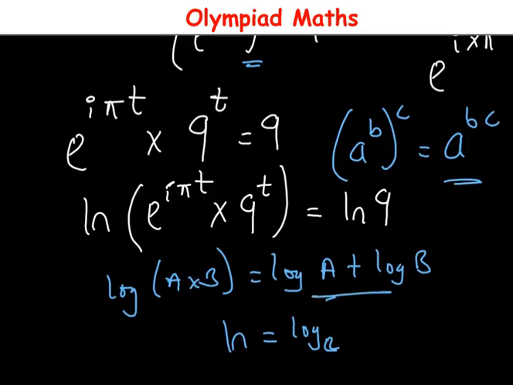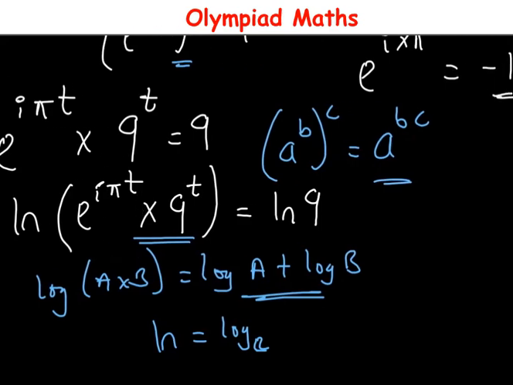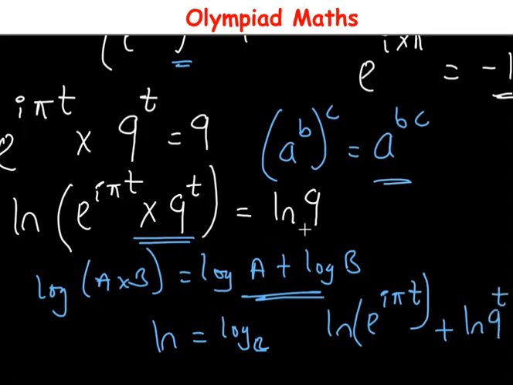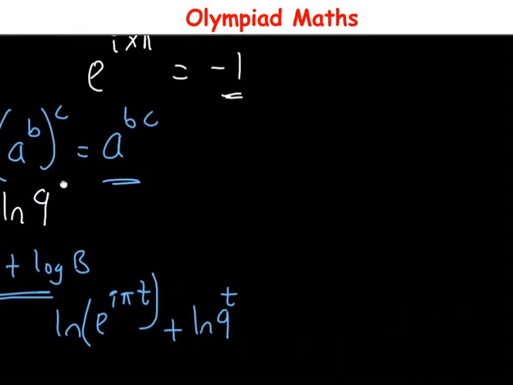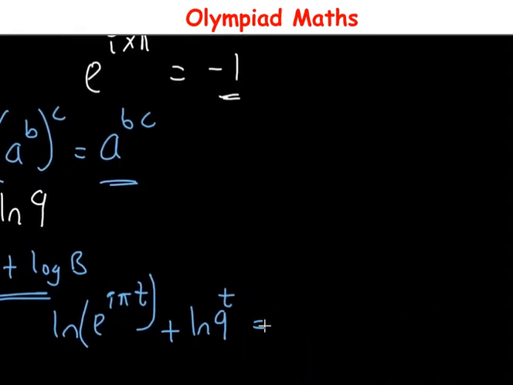Applying this rule right here, we have ln of e raised to power i pi t, plus ln of 9 raised to power t is equal to ln 9.